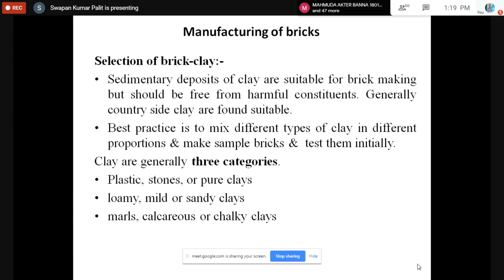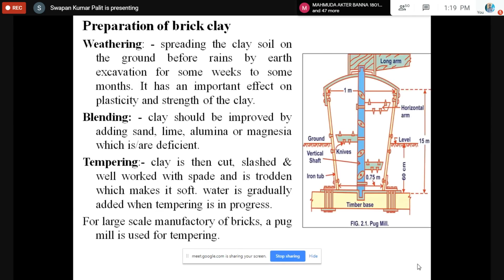You have to select the brick clay. Next step, preparation of brick clay. Earlier one is selection of brick clay. Now preparation of brick clay. After selecting the brick clay, you have to do brick clay preparation. There are 3 steps. Initial stage is weathering. Weathering means adapting in the weather.